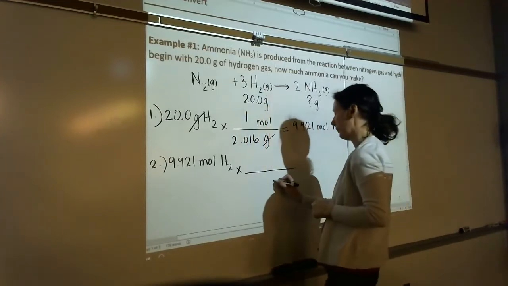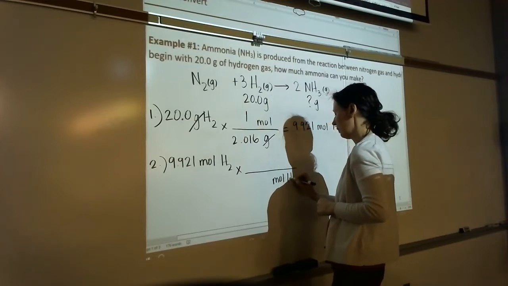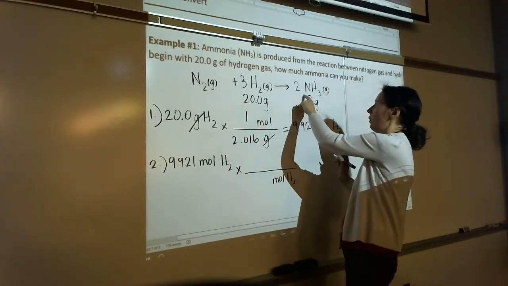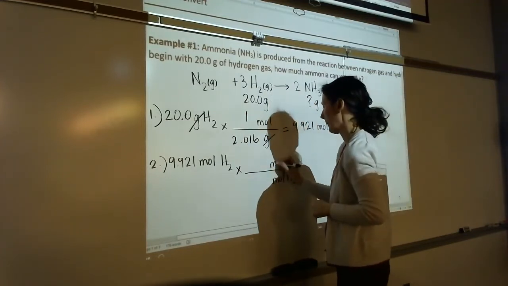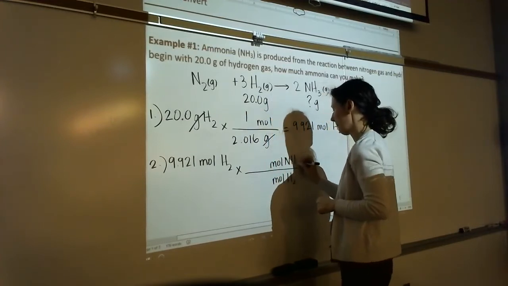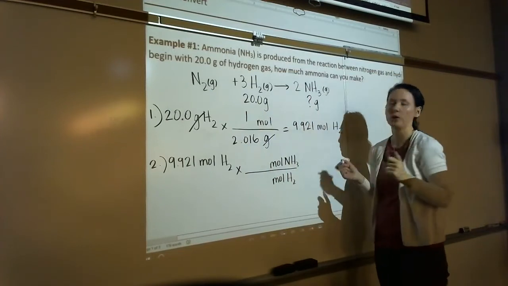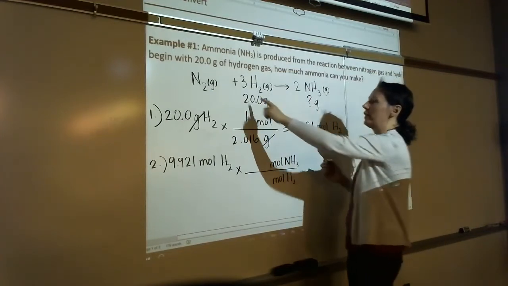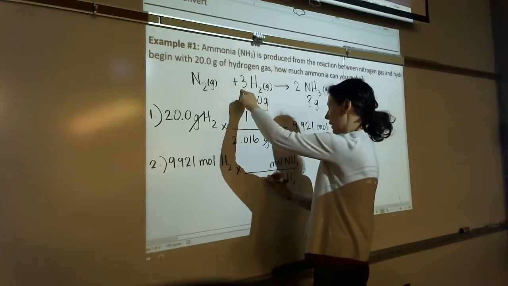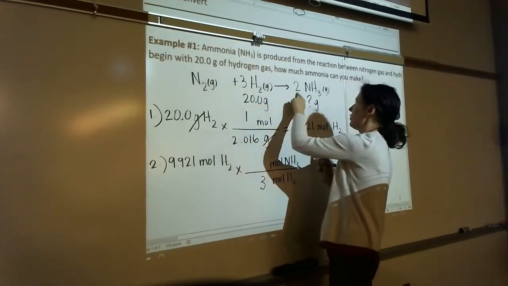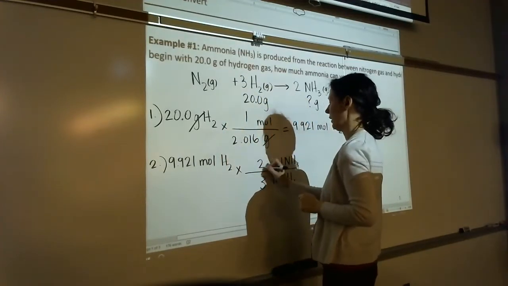So it goes on the bottom. And I want to turn it into moles of NH3. Right, because that's the substance I'm interested in. And now I'll look at the equation. For every 3 moles of H2 that I use, I produce 2 moles of NH3.